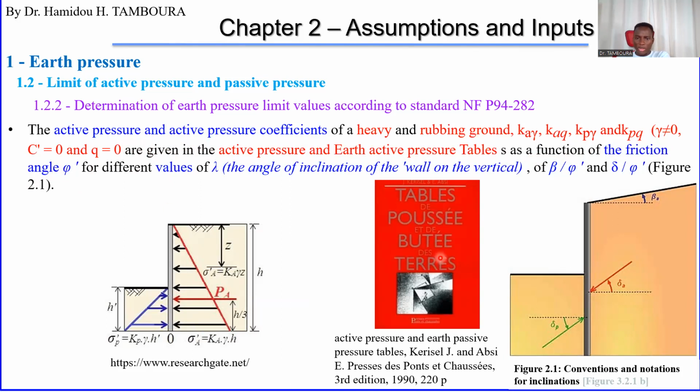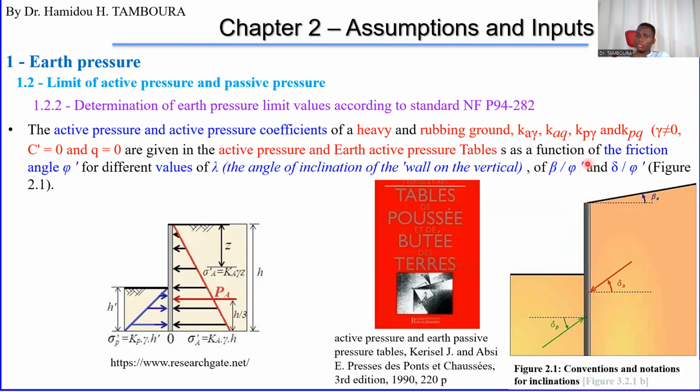So you will find different values depending on the friction angle, and depending on this angle lambda, which is the inclination of the retaining wall. If this retaining wall is inclined with this angle, and also beta is this angle, the slope inclination, in case the ground is not horizontal.